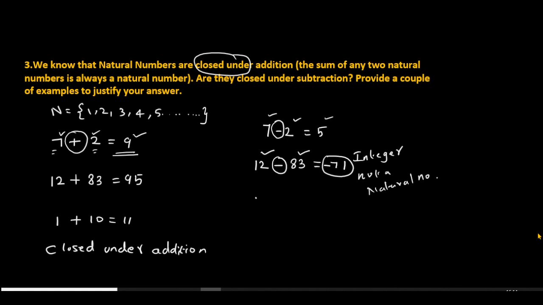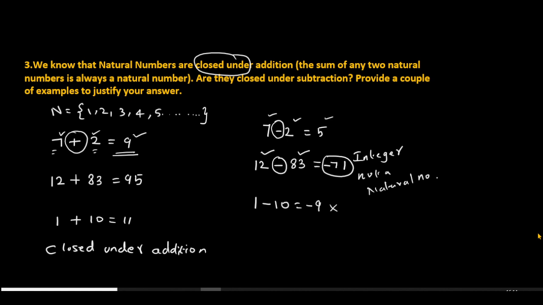Let's see the next example. 1 minus 10, you will be getting minus 9. This is also not a natural number. So when we subtract a smaller number from a greater number, we can get a natural number, that is a positive integer. When we subtract a greater number from a smaller number, we get a negative number.